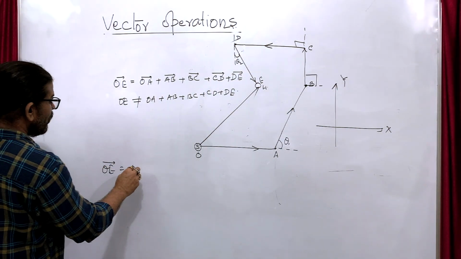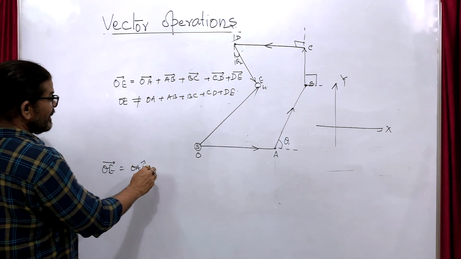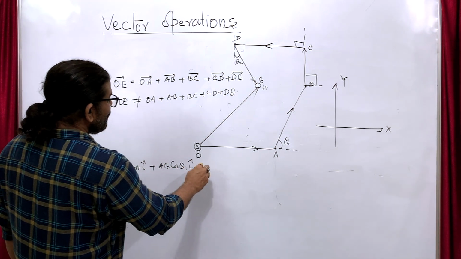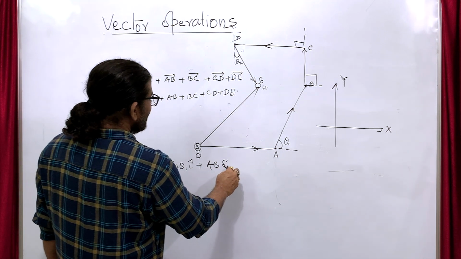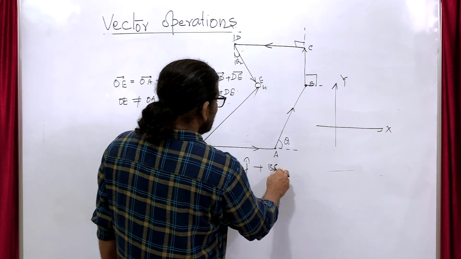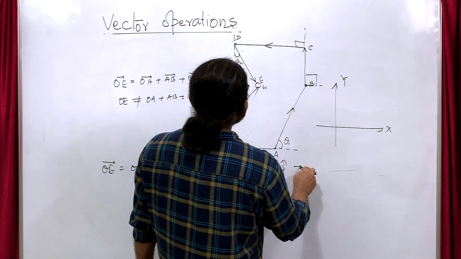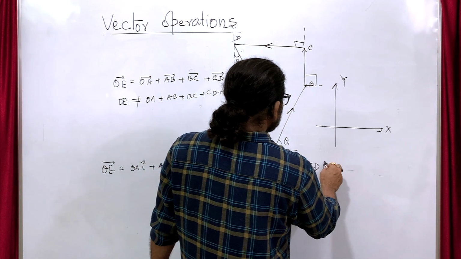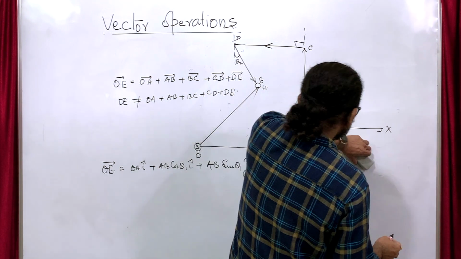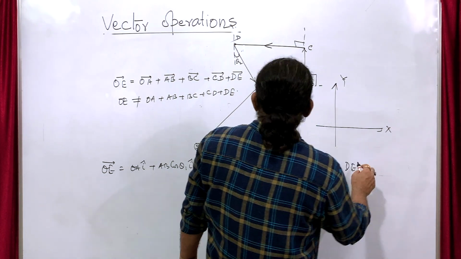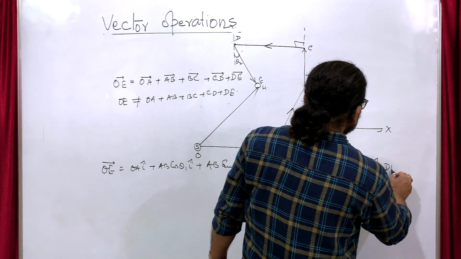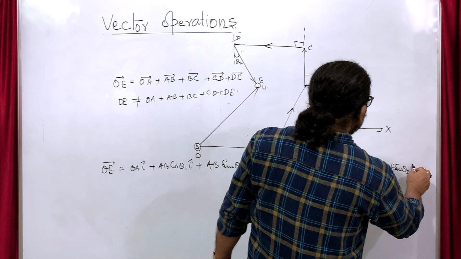We will write OA i component, plus AB cos theta 1 i cap plus AB sin theta 1 j component, plus BC j component, minus CD i component, and minus DE cos theta 2 j component and plus DE sin theta 2 i component.